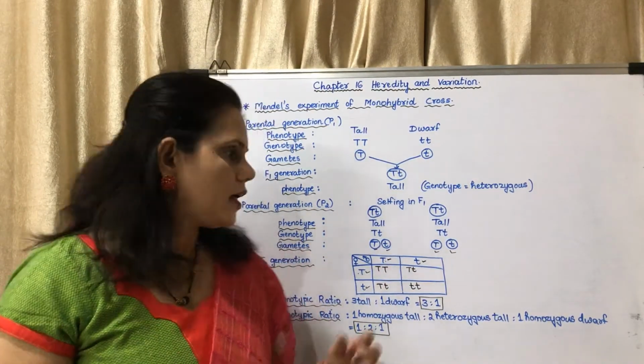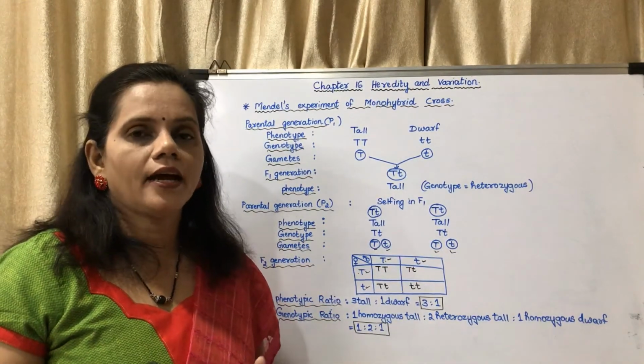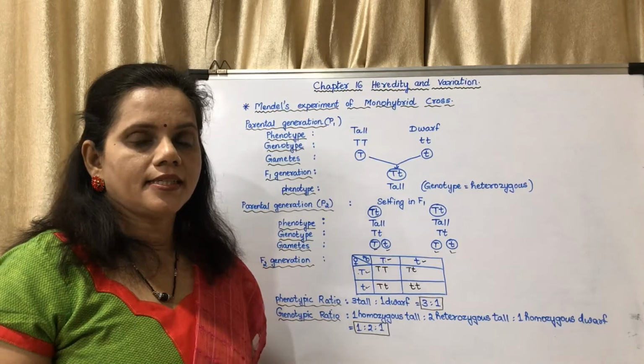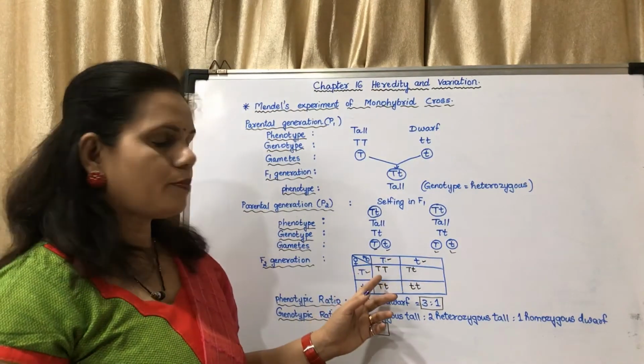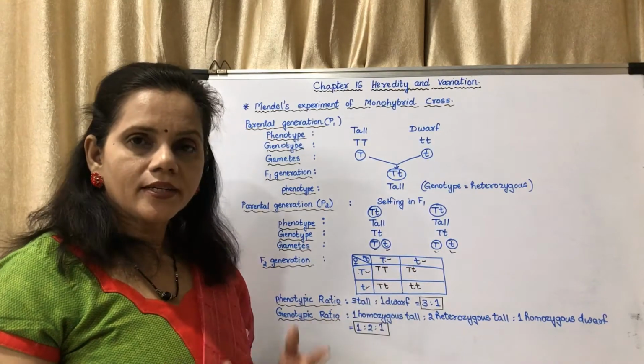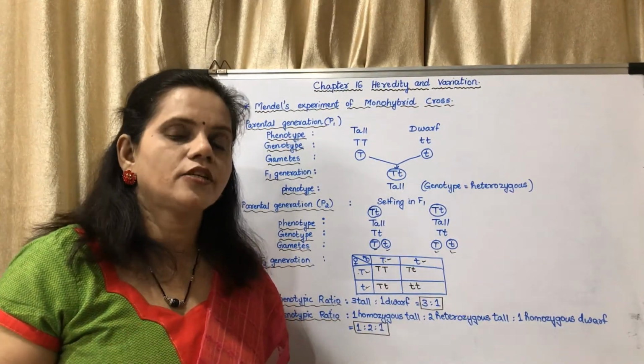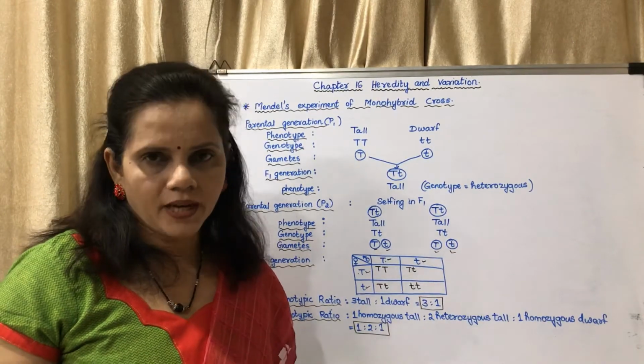Even if the parents are the same and have the same characteristic, in the generation they have produced, this will be tall, this also will be tall, but there will be one dwarf. There are chances of getting one dwarf plant.